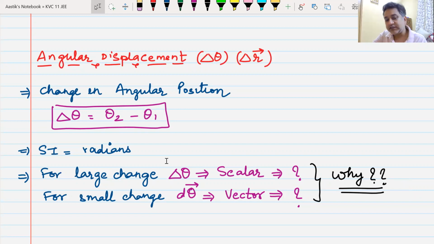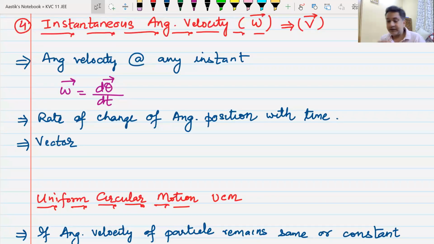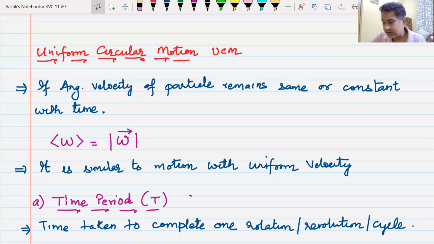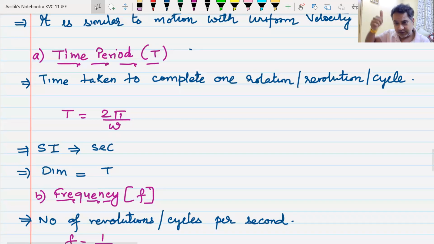And you had seen uniform circular motion. There are two terms in uniform circular motion. One is the time period, time taken to complete one cycle, and the other one is known as frequency. Do we all remember this? We remember this uniform circular motion, constant angular velocity.